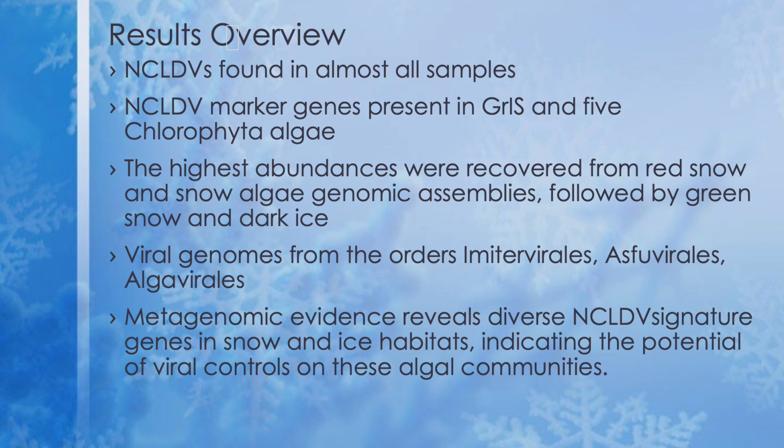Metagenomic data from red and green snow contained evidence of giant virus metagenome-assembled genomes from the orders Imitervirales, Asfuvirales, Algavirales, and metagenomic evidence reveals diverse NCLDV signature genes in snow and ice habitats, indicating the potential of viral controls on these algal communities.